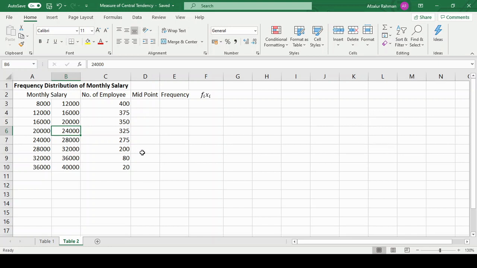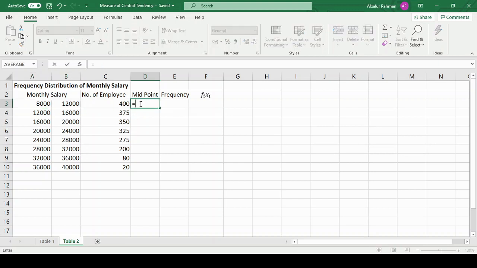Now what you have to do is calculate the midpoint of this group data. In other words, you have to calculate the average of every group. You can calculate it very easily: is equal to, start with bracket 8,000 plus 12,000 divided by 2.